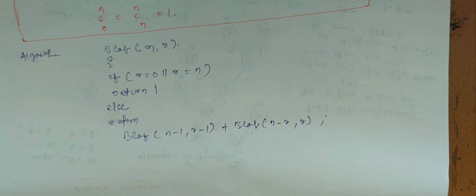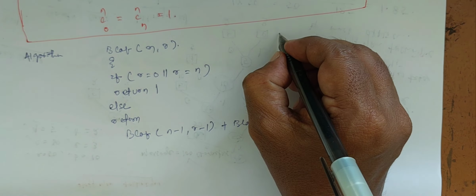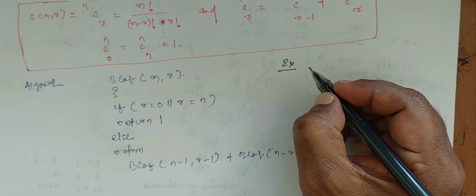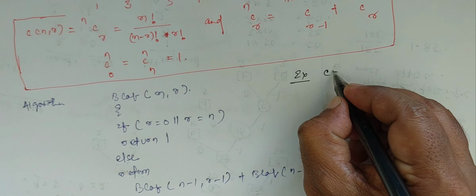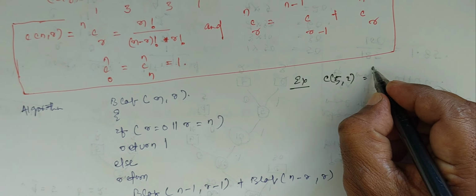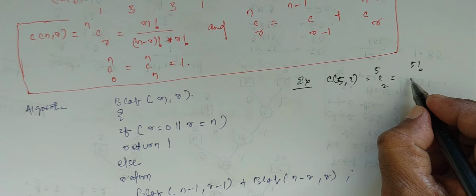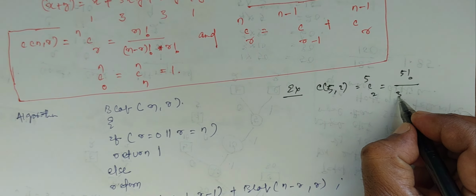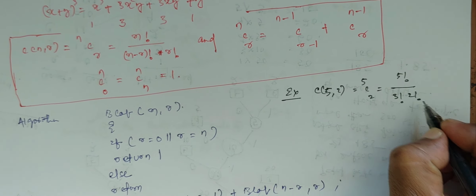So going to one example, C52, that is 5C2. It is 5 factorial divided by 3 factorial, since n minus r is 5 minus 2 is equal to 3, into 2 factorial.